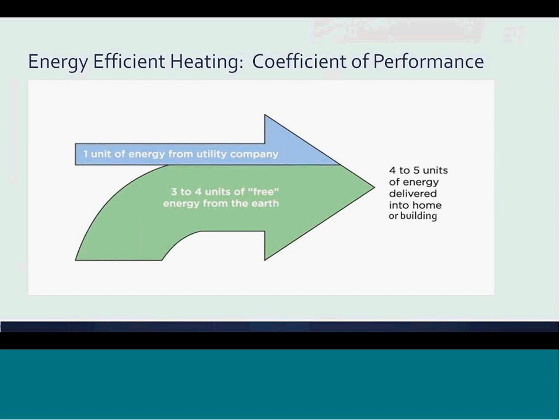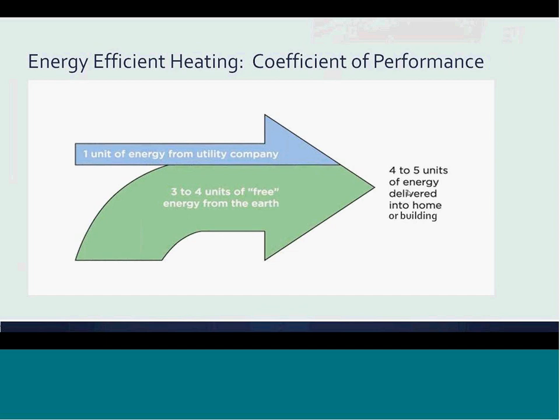This is the main reason most people install geoheat pumps: the efficiency. Coefficient of performance is defined as the heat delivered in kilowatts divided by the power supplied, also in kilowatts. For every 1 kilowatt of energy purchased from the utility, 4 times that input is delivered to a building in the form of heat energy, also in kilowatts.